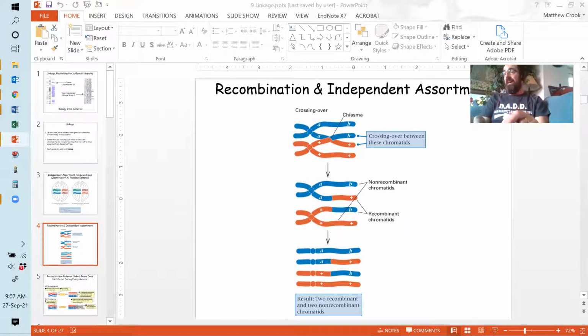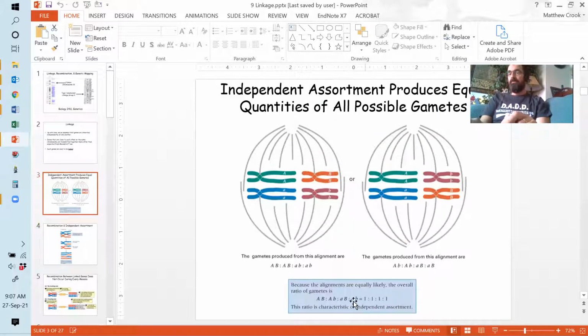And essentially, if that happens, you'll get four different possible chromosomes, but you'll get the same proportion of allele combinations, right? As you would if those genes were on separate chromosomes, right? So you're going to have a 1-to-1-to-1-to-1 ratio of these four different allele combinations.